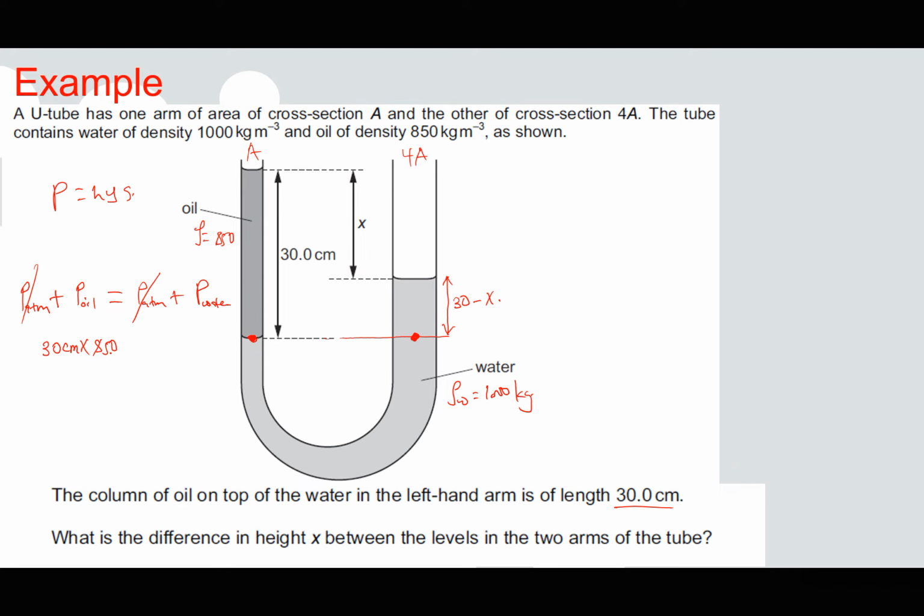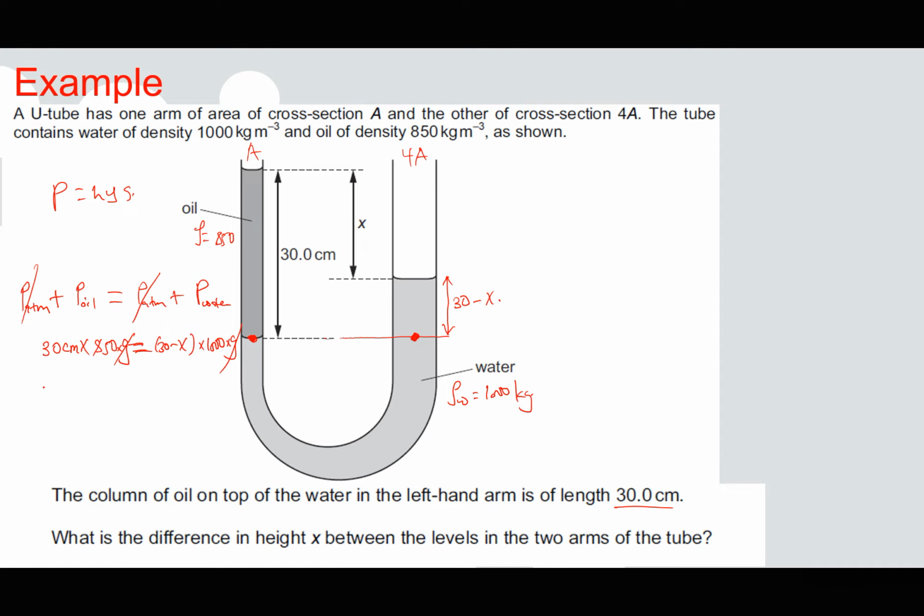So it's equal to 850 kilograms per meter cubed, times g, should be equal to the pressure due to the water of height 30 minus x. So the height is 30 minus x, then times 1000, then times g. So g cancels out.